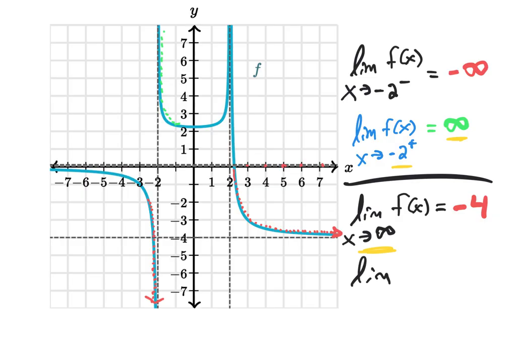What about the limit as x approaches negative infinity of the function f of x? Okay, once again, negative infinity would be way, way to the left here, right? We want to move far, far to the left. We have -1, -2, -3, -4.